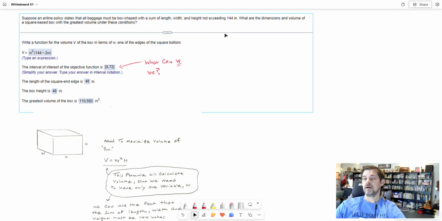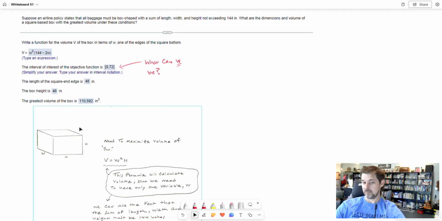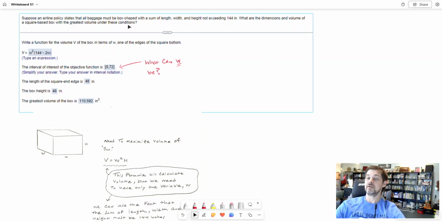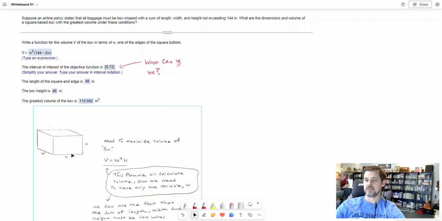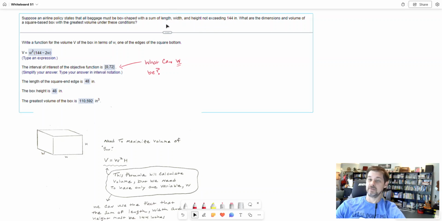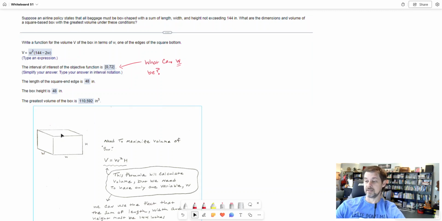All right. What are the dimensions and volume of a square-based box that once again represents the luggage with greatest volume under these conditions? So the impression that we get from the question is, well, there are lots of different shaped boxes, some taller, some wider, that satisfy this criterion that the sum of the length, width, and height can't exceed 144 inches, but only one of them fits the greatest volume on the inside.